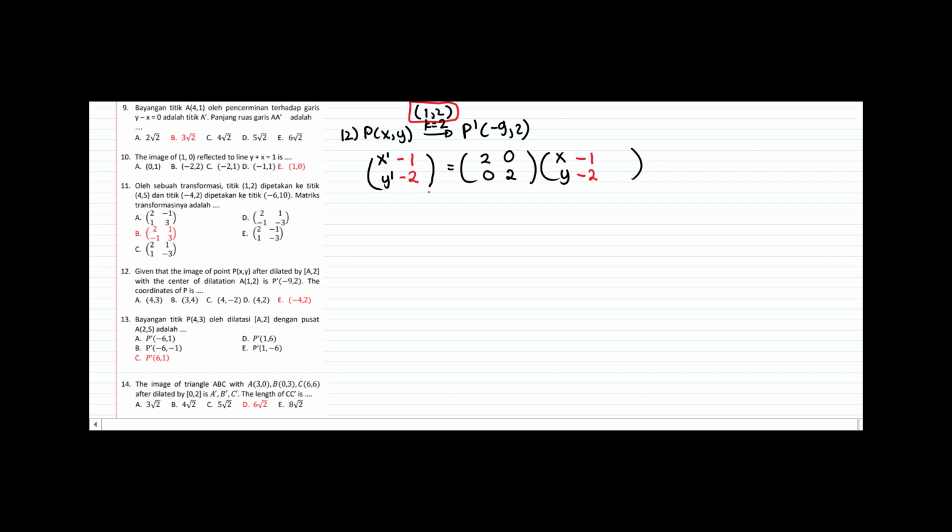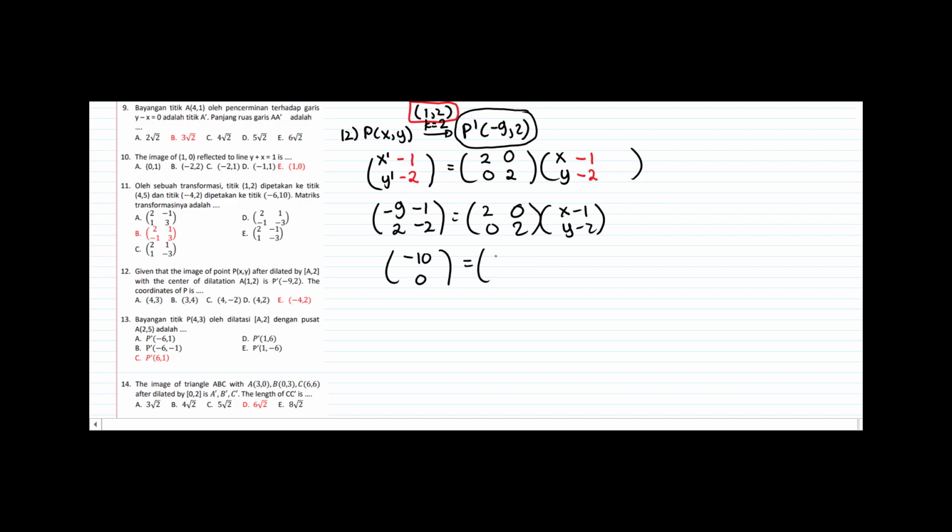Okay, now we put in negative 9 and 2, which is the image. So we put it here. Negative 9 and 2 minus 1, minus 2 equals 2 0 0 2 times x minus 1, y minus 2. This becomes negative 10 and 0 equals 2x minus 2 and 2y minus 4. 2x minus 2 equals negative 10, so 2x equals negative 8, x equals negative 4.